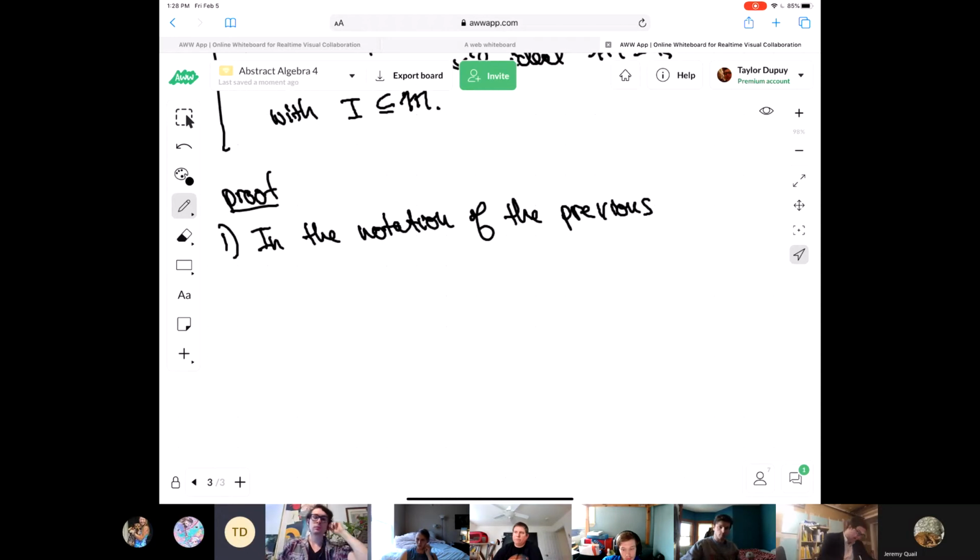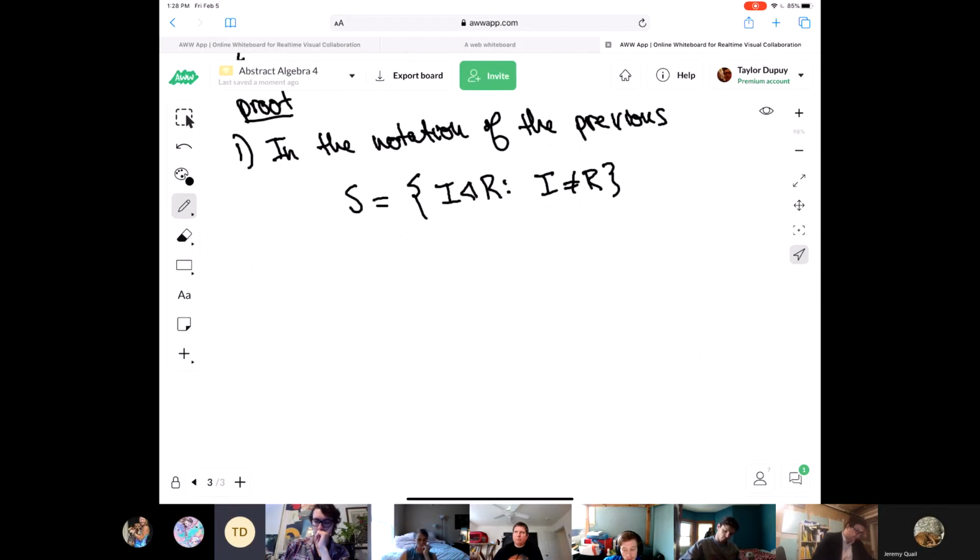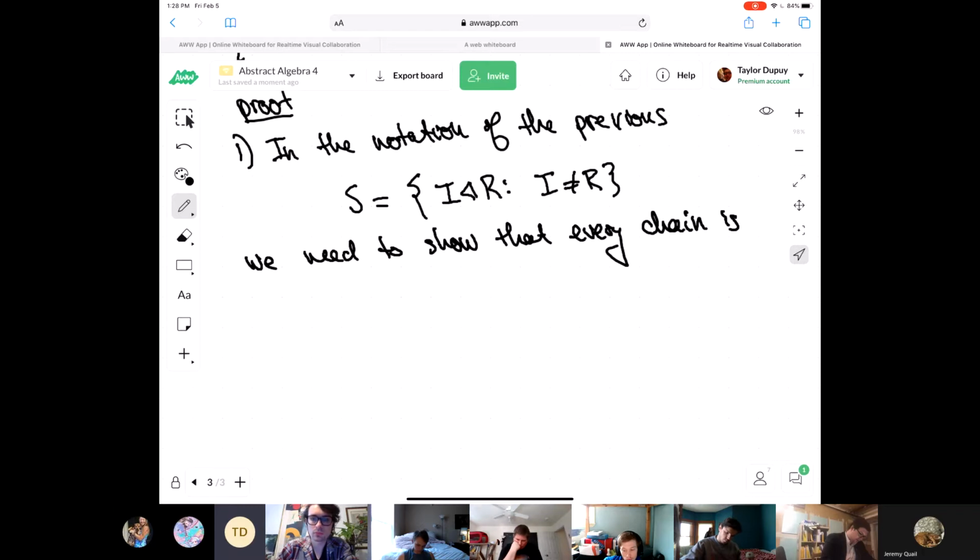S is going to be the collection of ideals I in R where I is not equal to R. These are proper ideals. We will show that every chain in S has an upper bound.